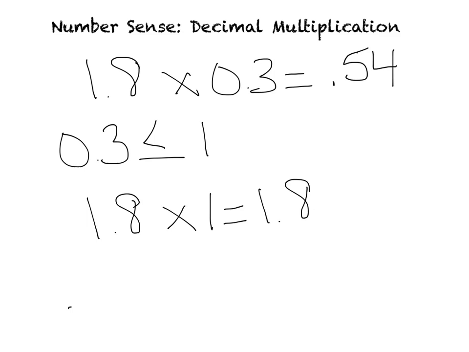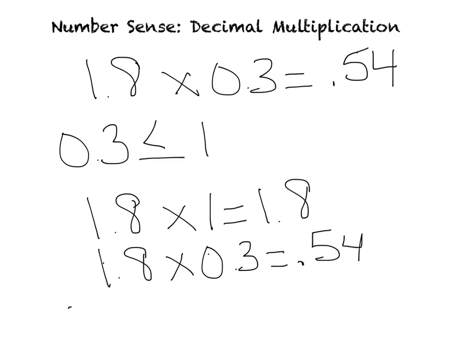And I already know from up here that when I multiplied 1 and 8 tenths times 0 and 3 tenths, it was 54 hundredths. 54 hundredths is less than 1 and 8 tenths because 54 hundredths is about half of a whole. Do you see that?